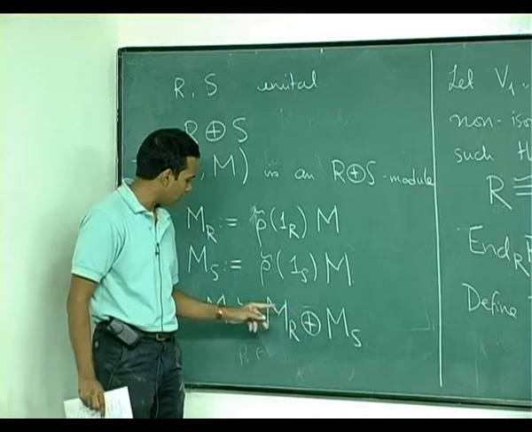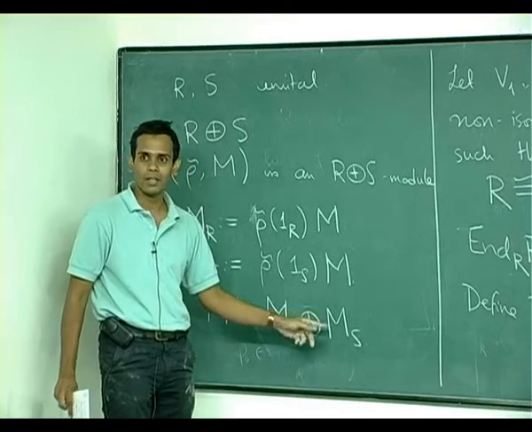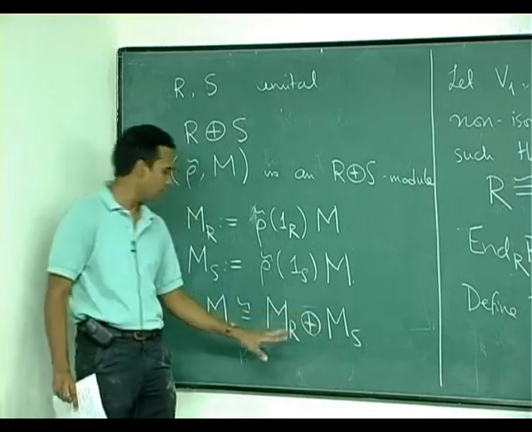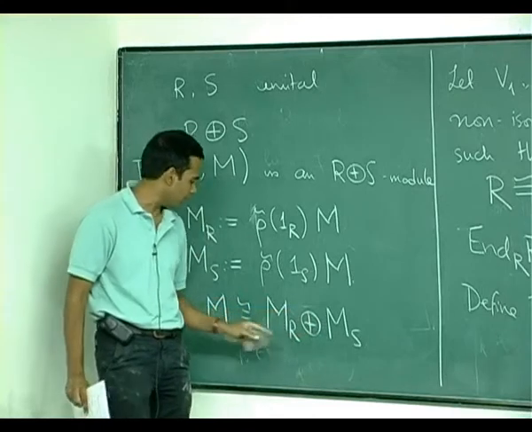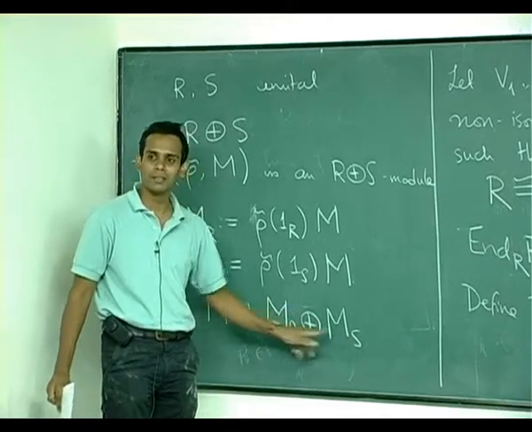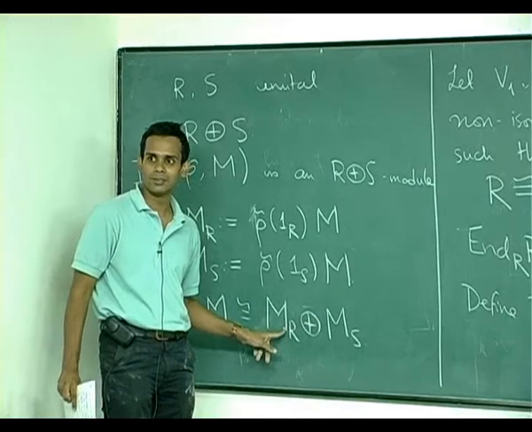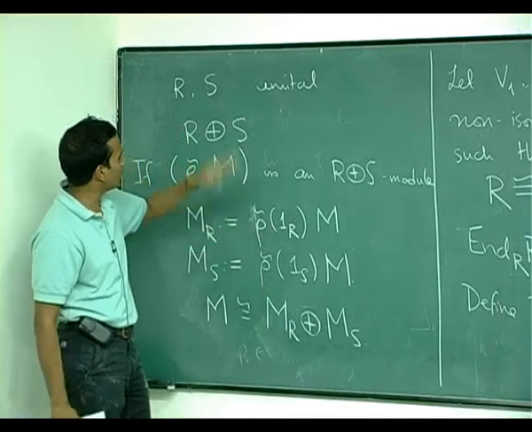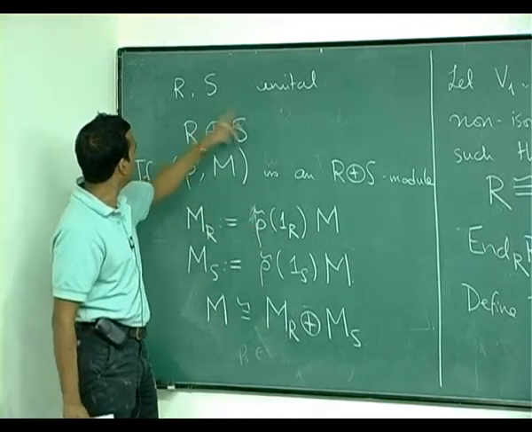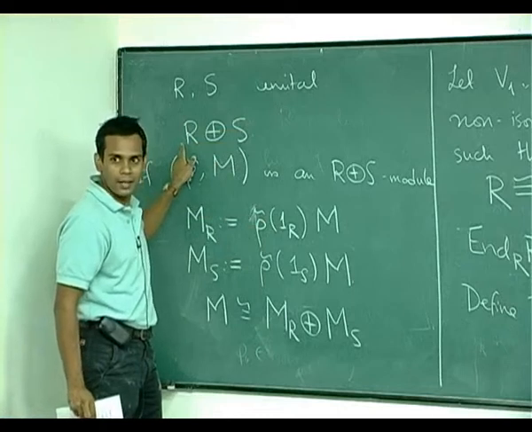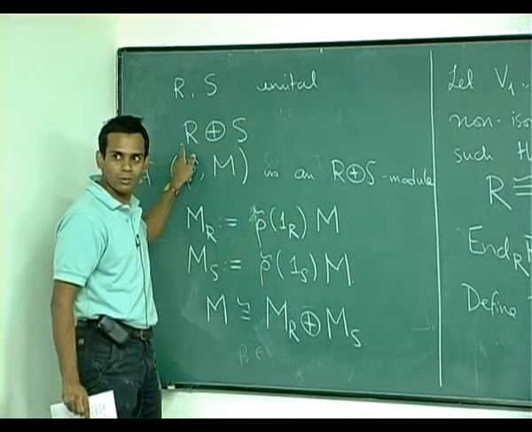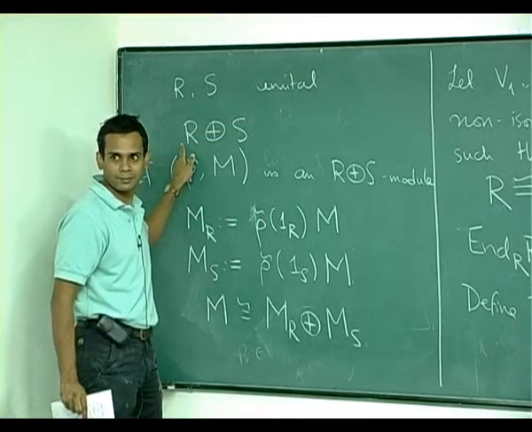You start with an R module M_R and a module M_S, and this gives a correspondence between modules for R direct sum S and pairs of modules, one for R and one for S.